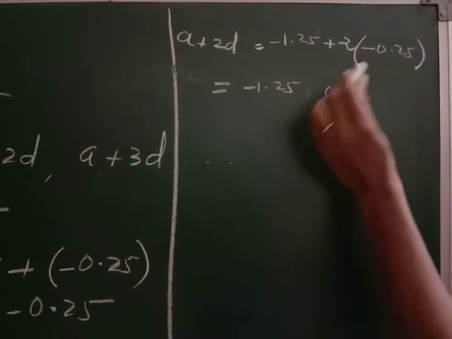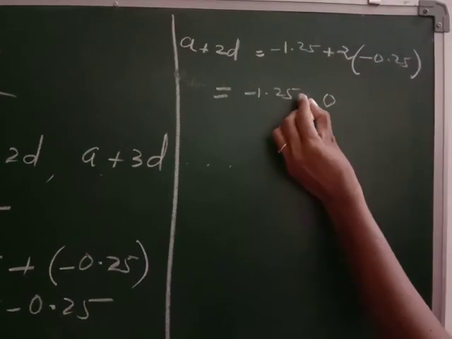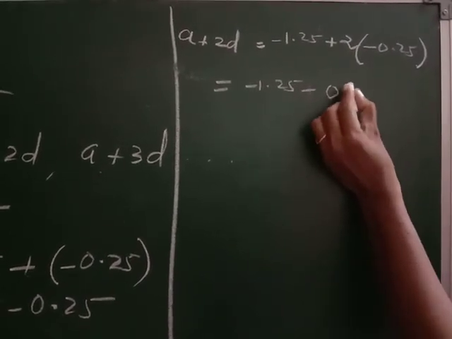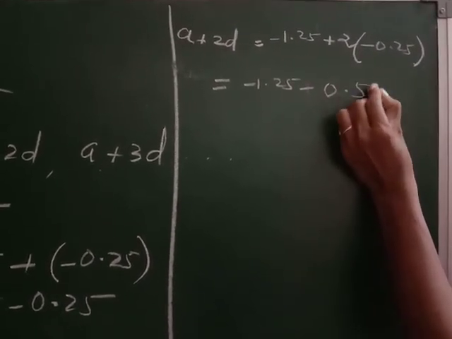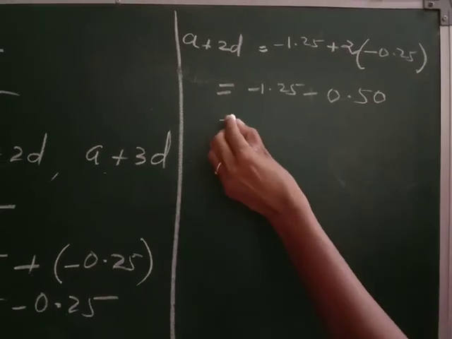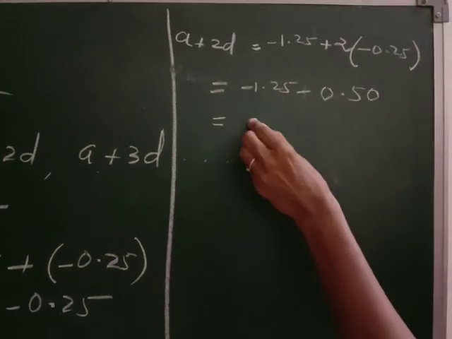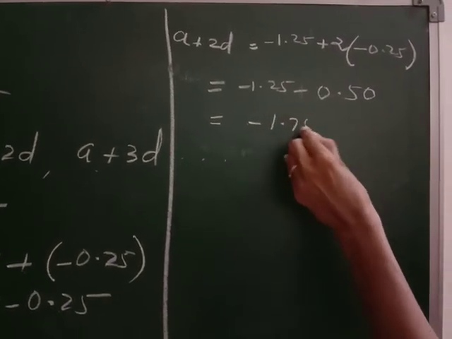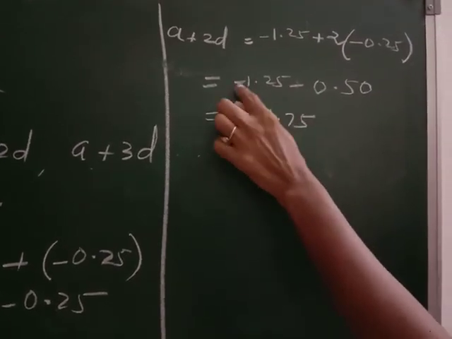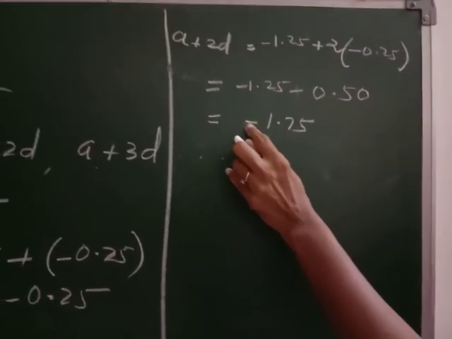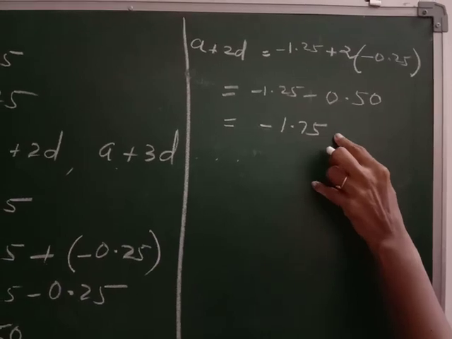Minus, because this is plus, this is minus. So minus, it will be again 0.50. So my third term is minus 1.75. Here both are negative. So I will do the addition and the sign will be minus. So this is my third term.